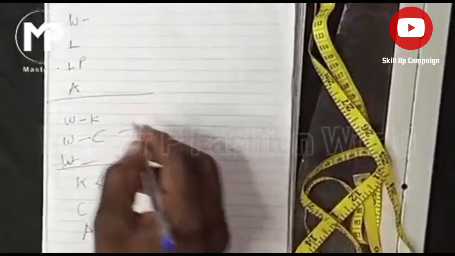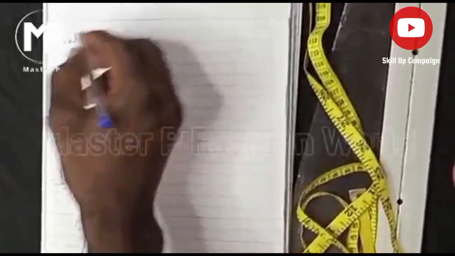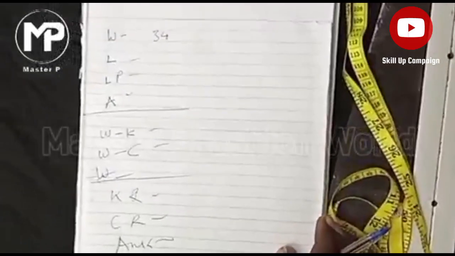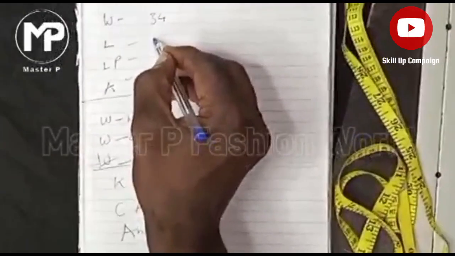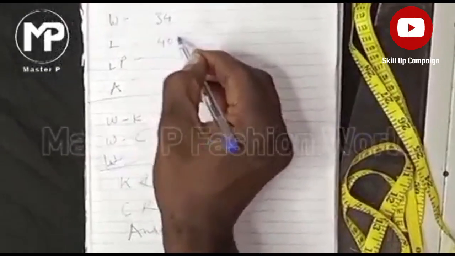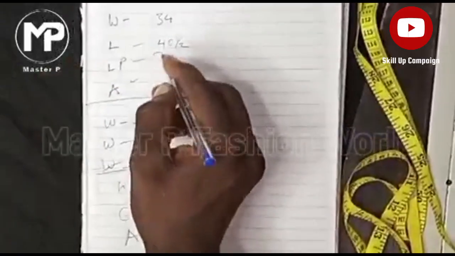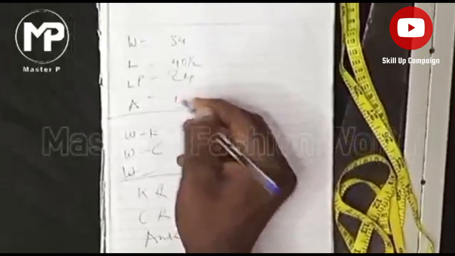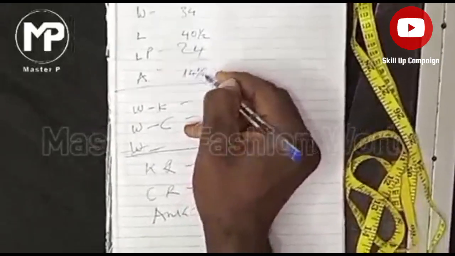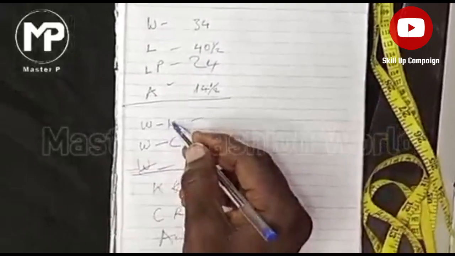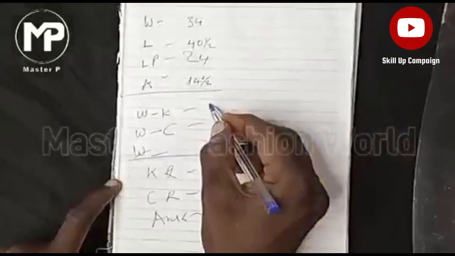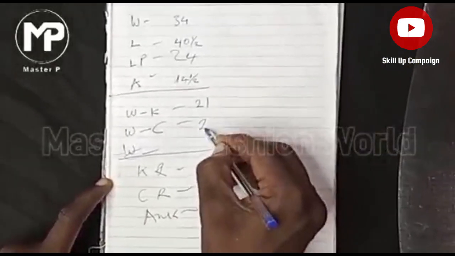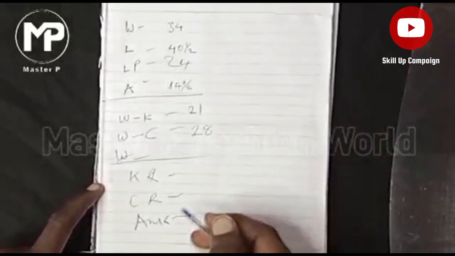For all of these measurements, the waist is 34, length is 40 and half, lap is 24, ankle is 14 and half, waist to knee is 21, waist to calf is 28.